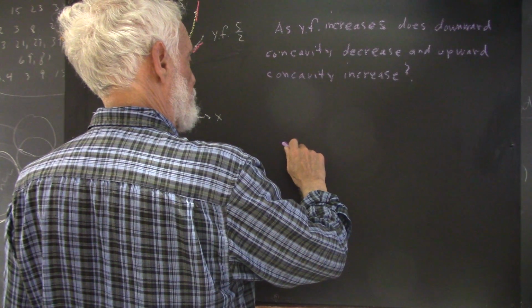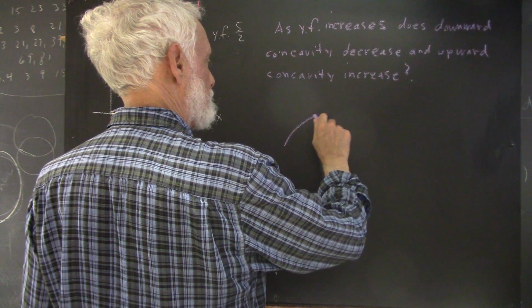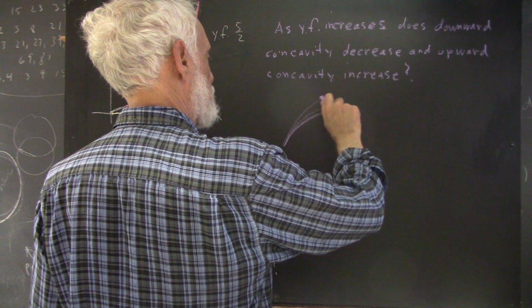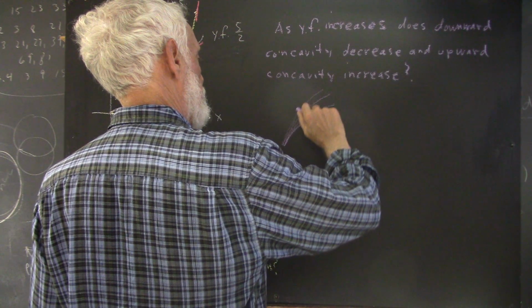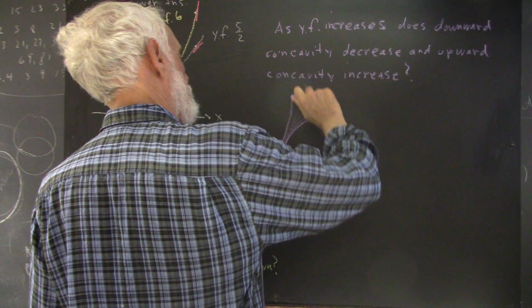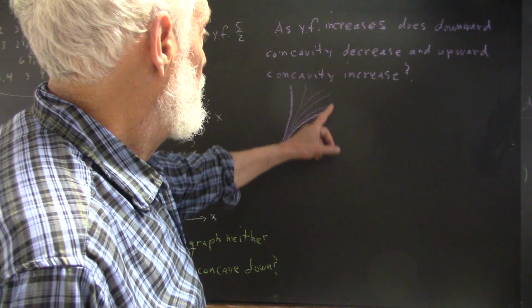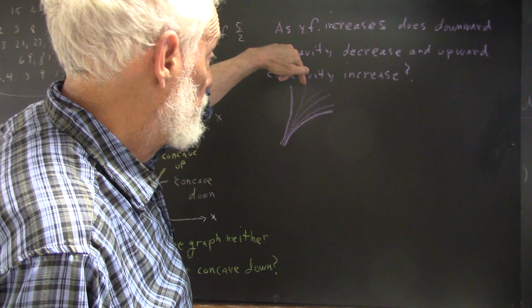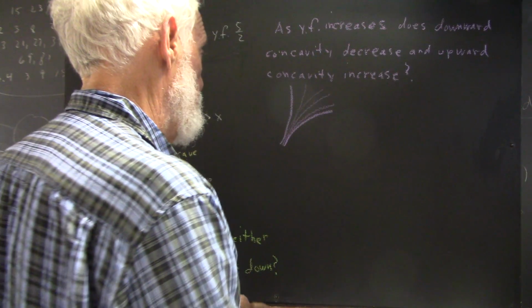Okay, so just to illustrate what that might look like, you might have less and less downward concavity until you switch over to an upward concavity. Okay, decreasing downward concavity, switching over to upward concavity, then increasing upward concavity.